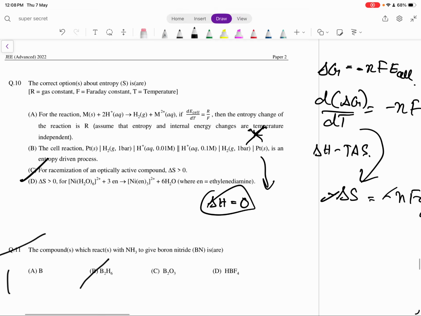Okay, see, C we can agree with, right? Delta S is going to be greater than 0 for racemization because it becomes random. Yeah, this is why the reaction happens. The chelation effect actually increases the entropy. So CD is correct. Now about B.